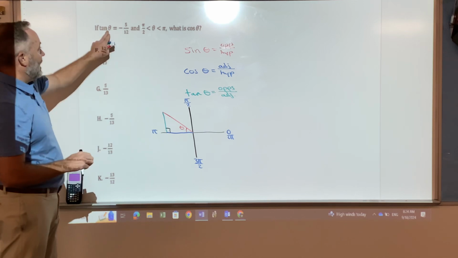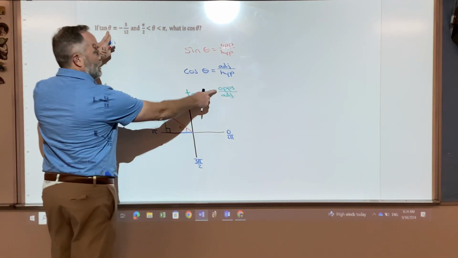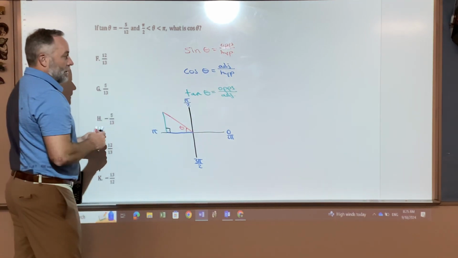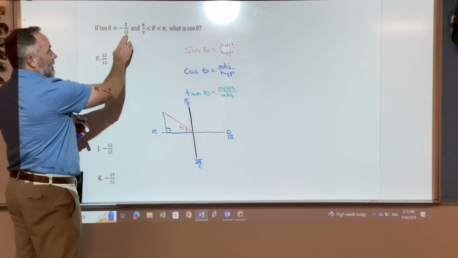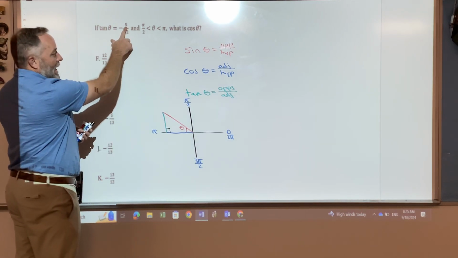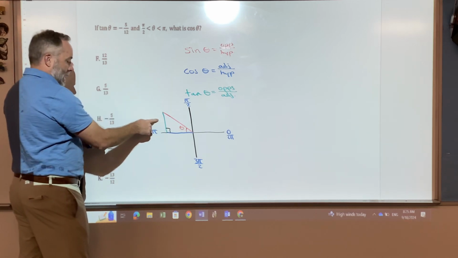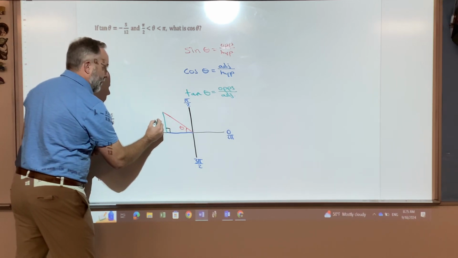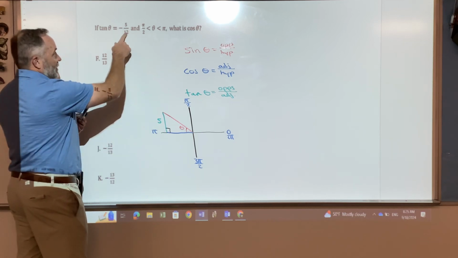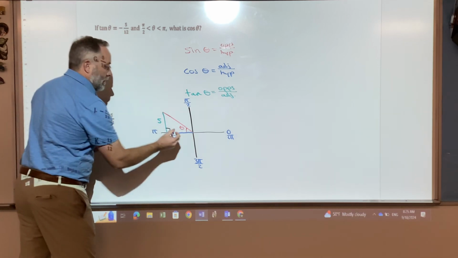We're told that the tangent of theta, and we know the tangent is the opposite over the adjacent, is -5/12. But for now, I'm going to write the opposite side of the angle is 5, and the adjacent side of the angle is 12.